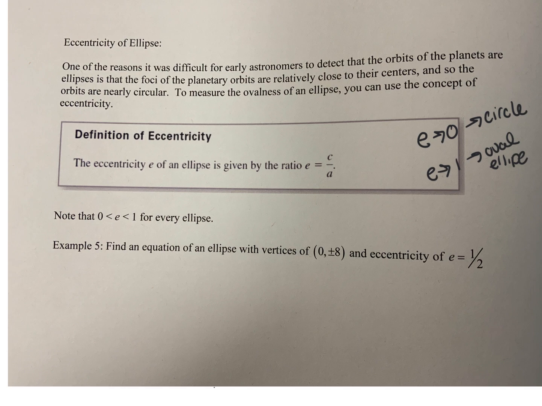So in example 5, it says find the equation of the ellipse with vertices of 0, plus or minus 8, and eccentricity of 1/2. So if I draw this, there's a dot, there's the other dot. Those are vertices, they're up and down. This is the center in the middle, so the center is 0, 0.